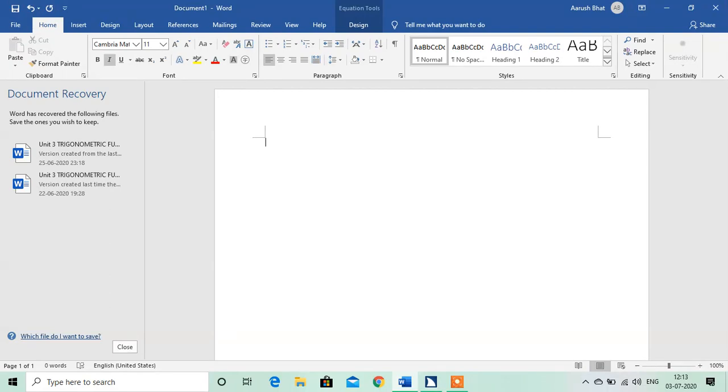Something you should note is that here we've just been using common sense, writing these symbols: for alpha we type backslash ALPHA, for beta we type backslash BETA, and similarly for theta you have backslash THETA.